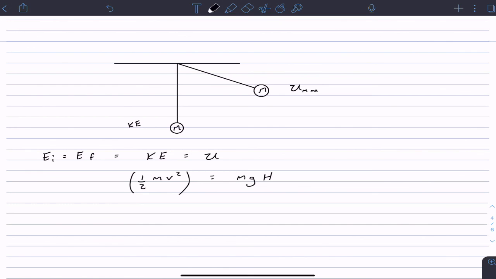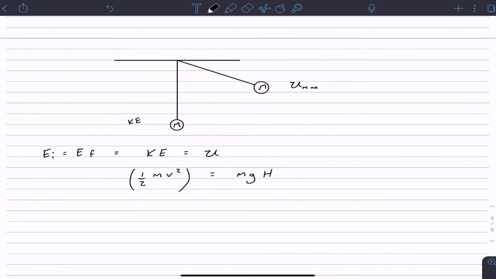So if you wanted to do that, you could go 13.1 joules over 2.5 kilograms, over 9.81 meters per second squared. That's going to give you h.